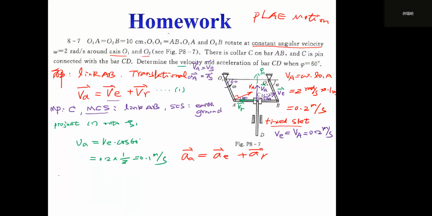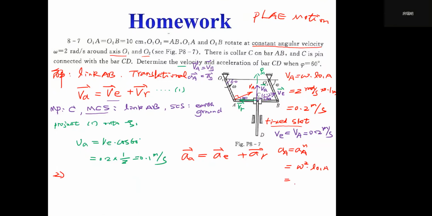So for the second, how to find it, we know this O1A rotates at a constant angular velocity. So if you remember, because its omega is constant, AA will only have a normal component, which will equal omega squared times LO1A.